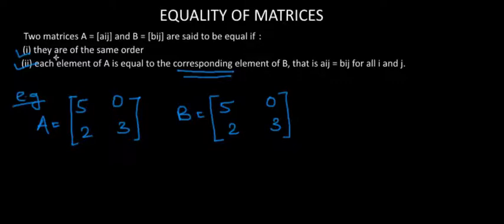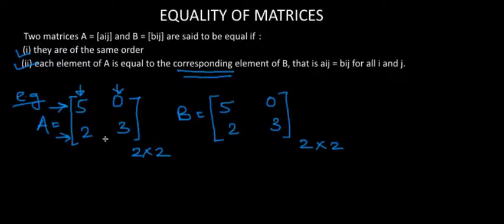First of all, the first condition says that they are of the same order. Their order should be same. Here we can check the order, that is 2 cross 2, because it is having two rows. You can see this is row number 1, this is row number 2. So two rows and two columns. Here also we have two rows and two columns. So we can say the first condition is satisfied in this case.